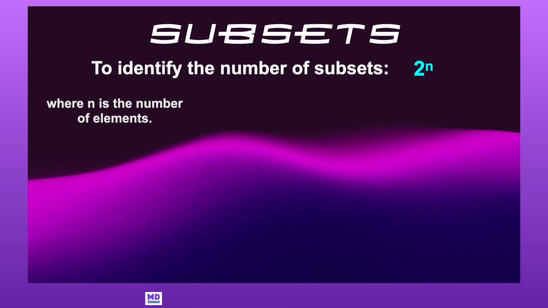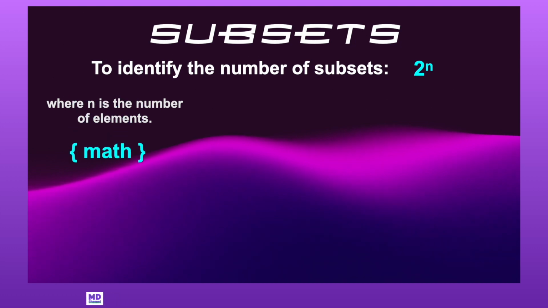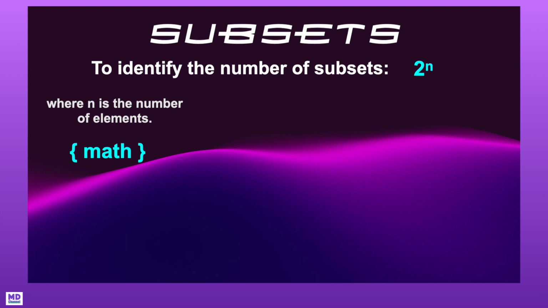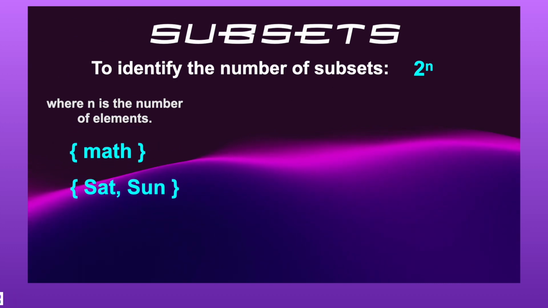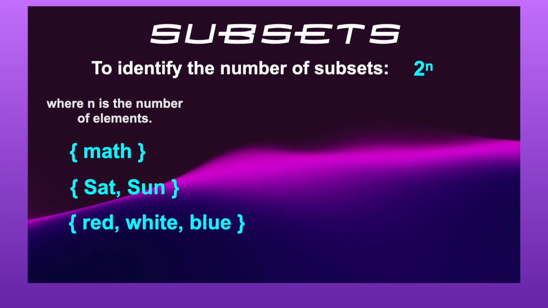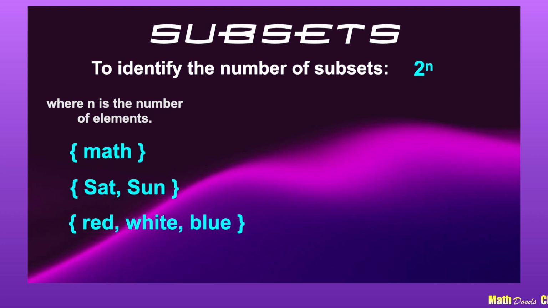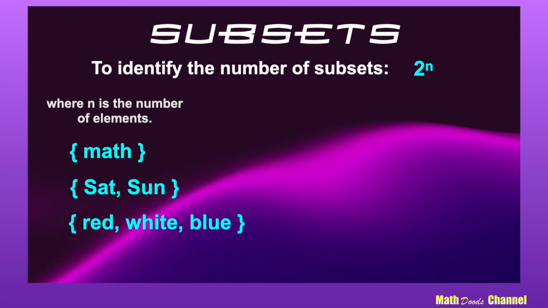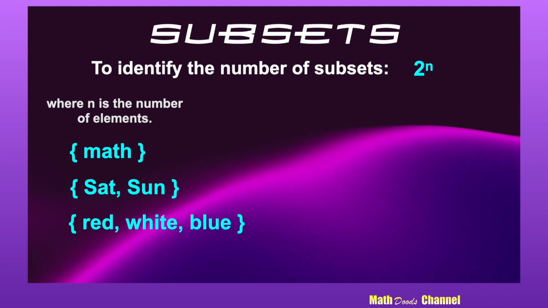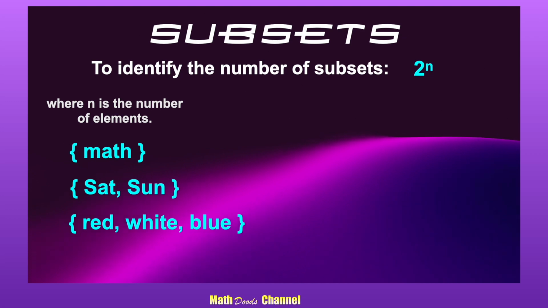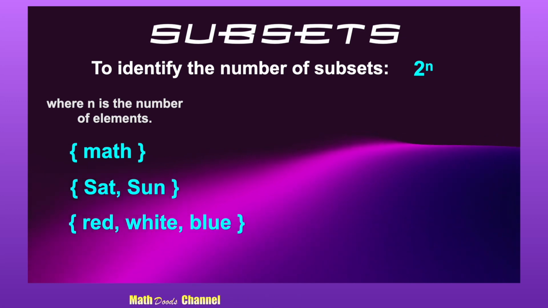So for example, this set, the set containing the word math, the set containing Saturday and Sunday, the set containing red, white, and blue. How many subsets are there in the first set, the set containing the word math?